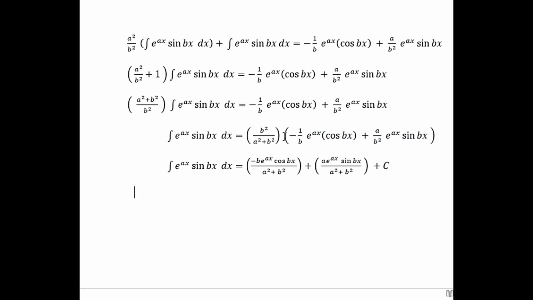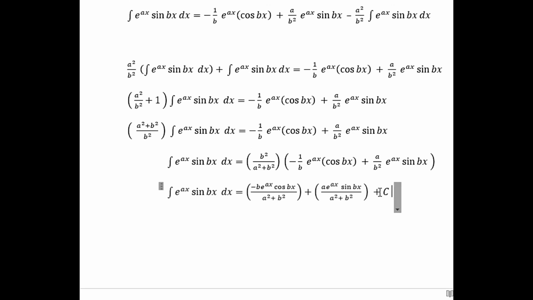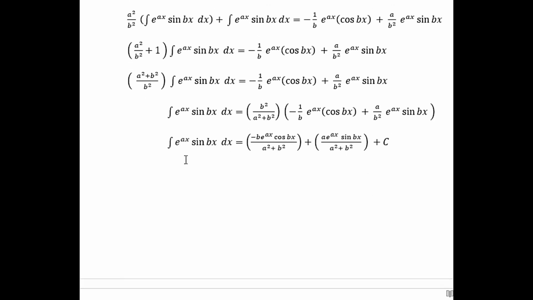So we expand both of them in this bracket, and we will get the integral of e to the ax sin bx dx equals negative b e to the ax cos bx over a squared plus b squared plus a e to the ax sin bx over a squared plus b squared, plus C. Okay, this is the answer for the integral of e to the ax sin bx dx.